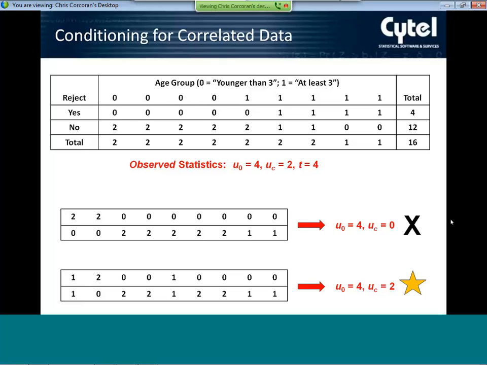So the way that we compute the exact p-value is we cycle through all of these tables. We find all tables with cell values that give us the same values for these 2 statistics that we observed for the observed data. And then we order them according to their test statistic.